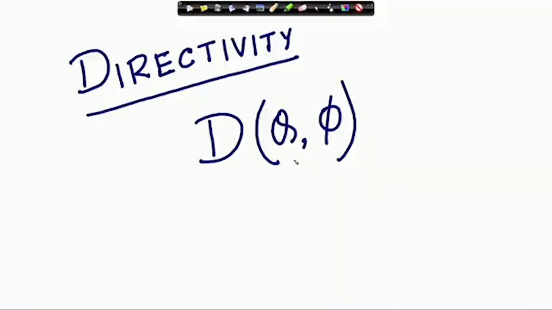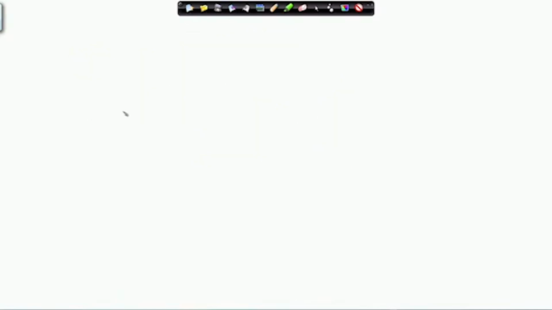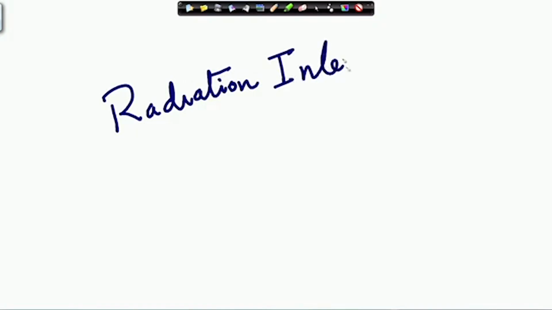That is power density defined on a planar area, but now we want to find the angular distribution of that. So, we just need to define another quantity, a new quantity called radiation intensity.